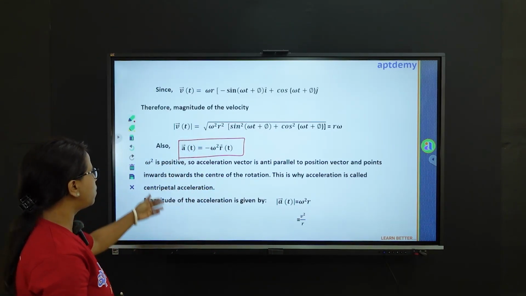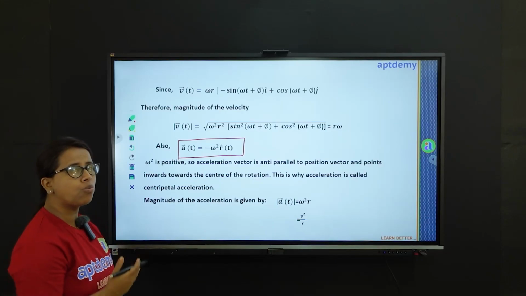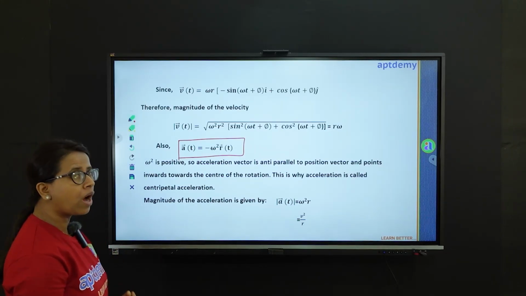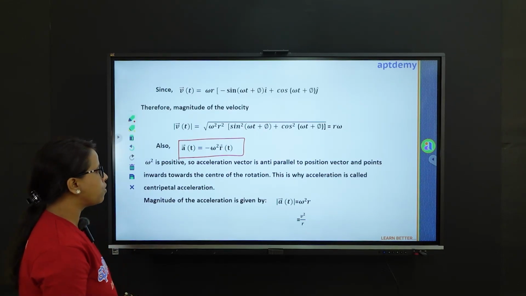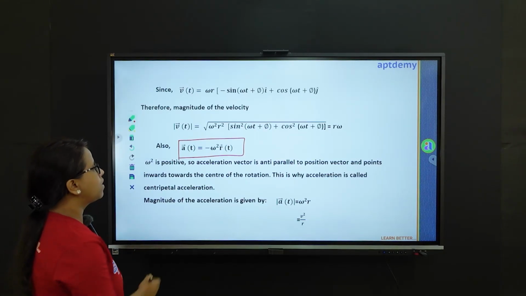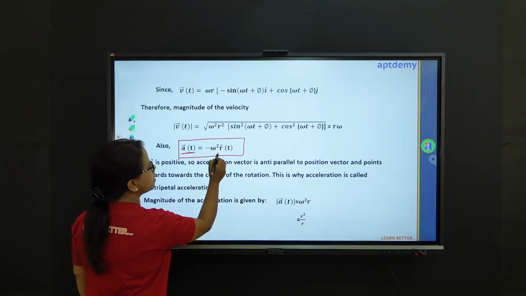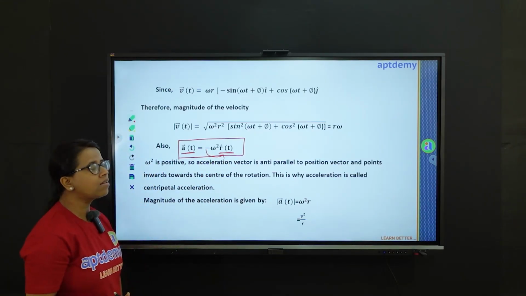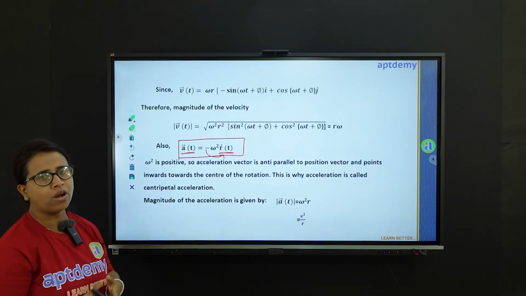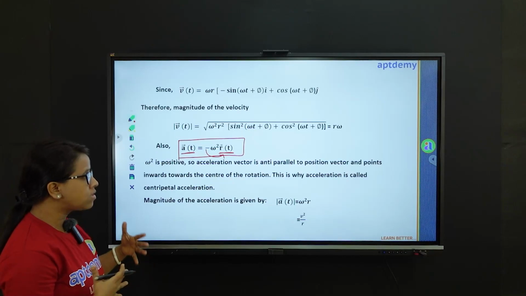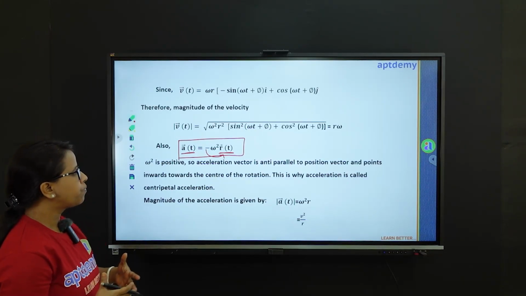Omega square is always a positive quantity. Why? Square term, always it comes out to be positive. So this tells us that the acceleration vector is in fact antiparallel because of the negative sign. It's antiparallel to the position vector, and it always points inwards towards the center of the rotation.